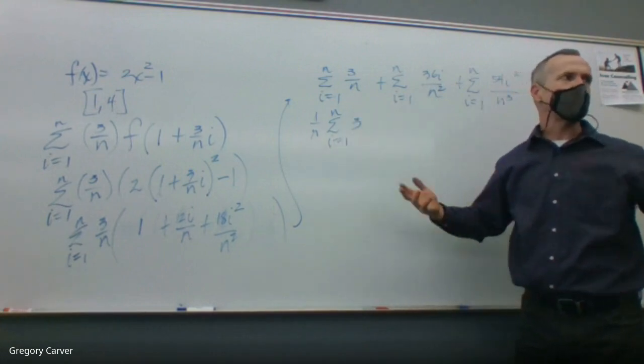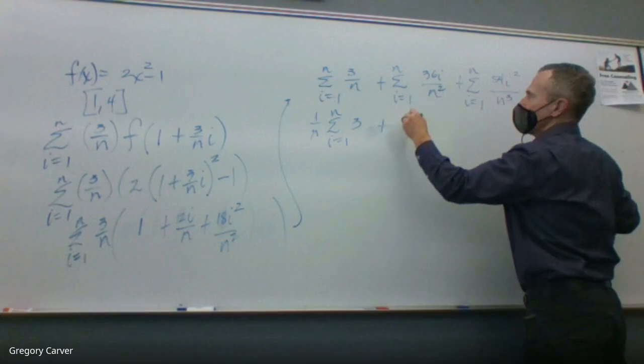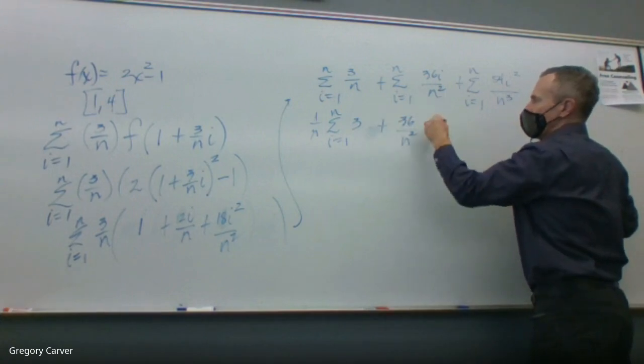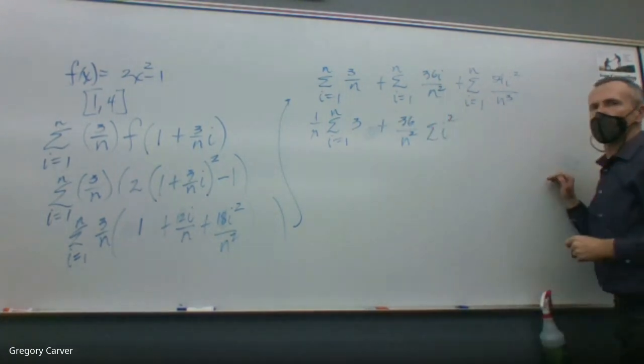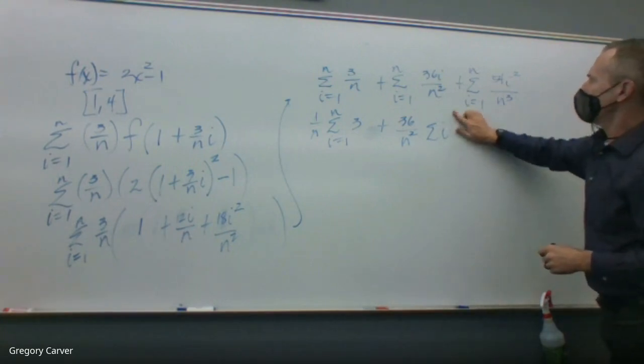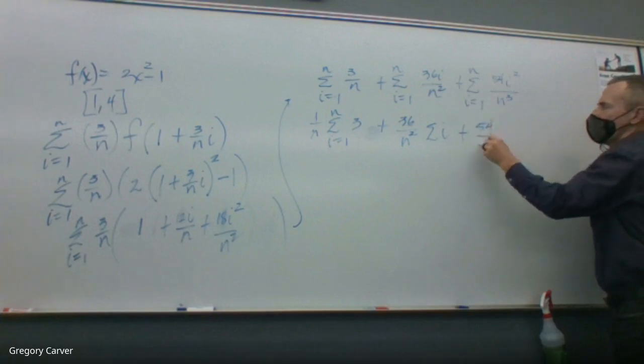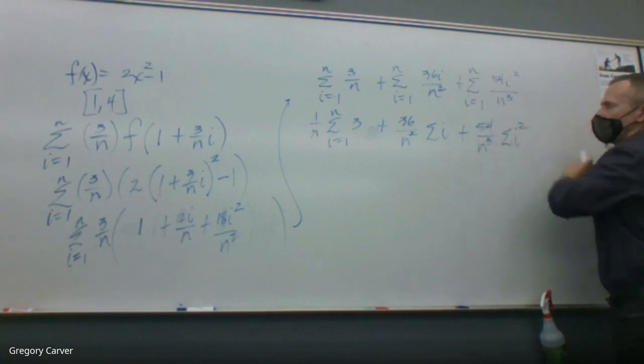I know you get writer's cramp after a while. This is then plus 36 over n squared, sum of i, not i squared, just i. Plus 54 over n cubed, sum of i squared.